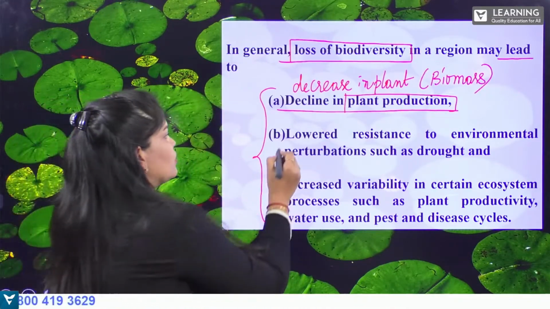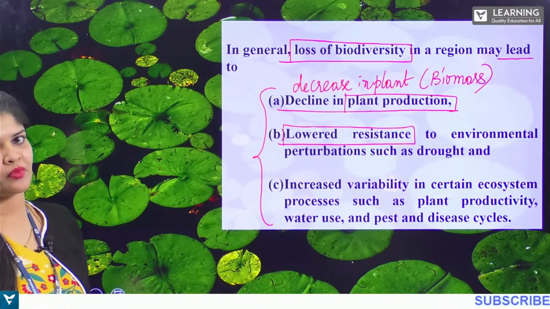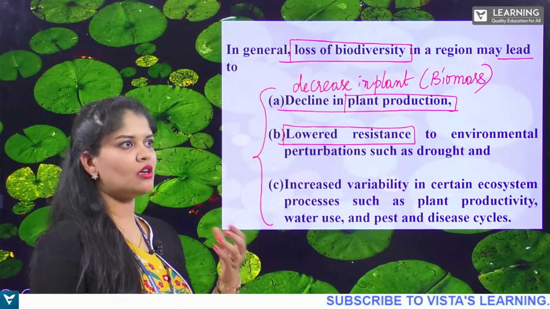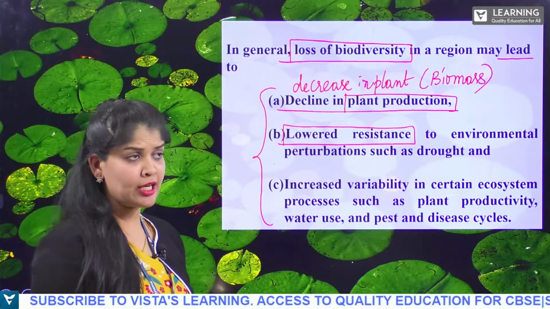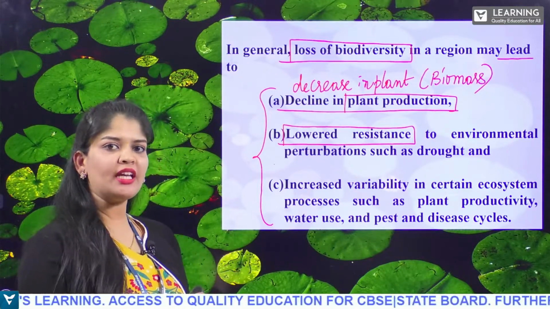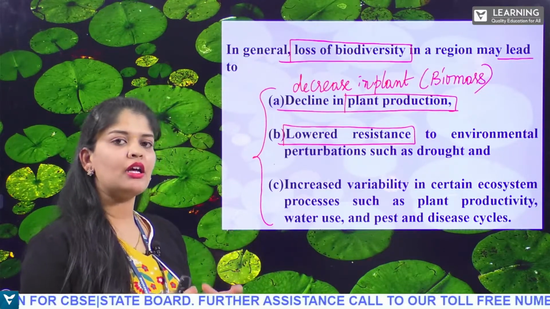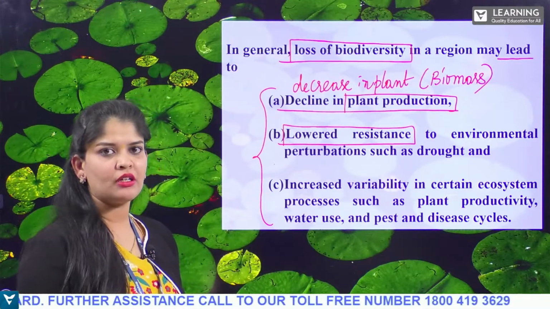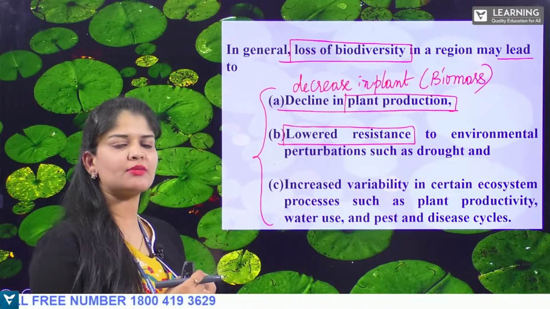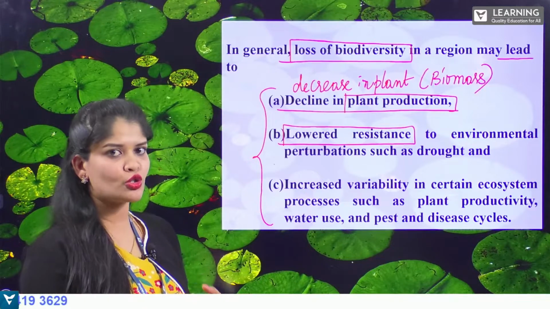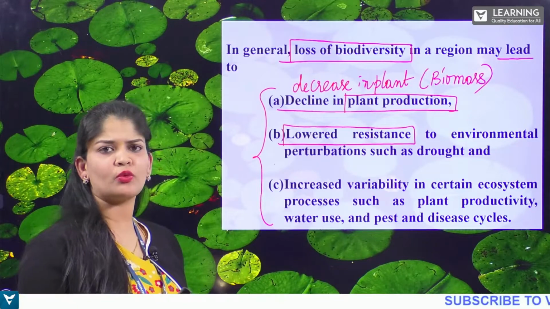Now, also lowered resistance. There is a decrease in the resistance. While we are discussing why there is more biodiversity in the tropical areas, we have given a reason: these tropical areas are more resistant towards the disturbances that happen either in the natural way or by human-made causes. The disturbances may be floods, earthquakes, drought conditions, or even forest fires, and man-made activities like deforestation.